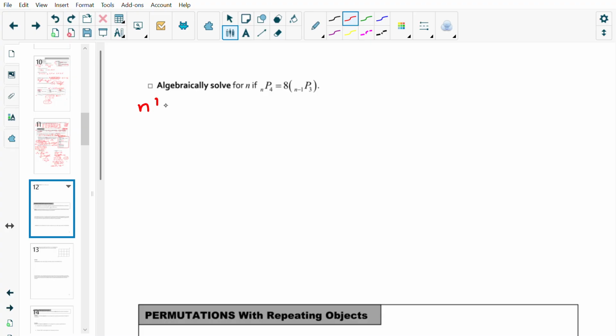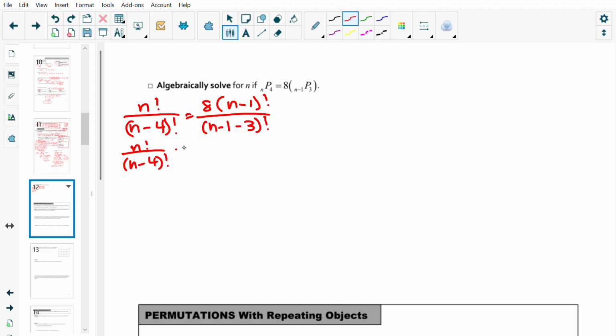So let's rewrite this. n factorial over n minus 4 factorial equals 8 times n minus 1 factorial divided by n minus 1 minus 3 factorial. Okay, let's do a little cleaning up here. Let's see where we go. Leave the left side alone.